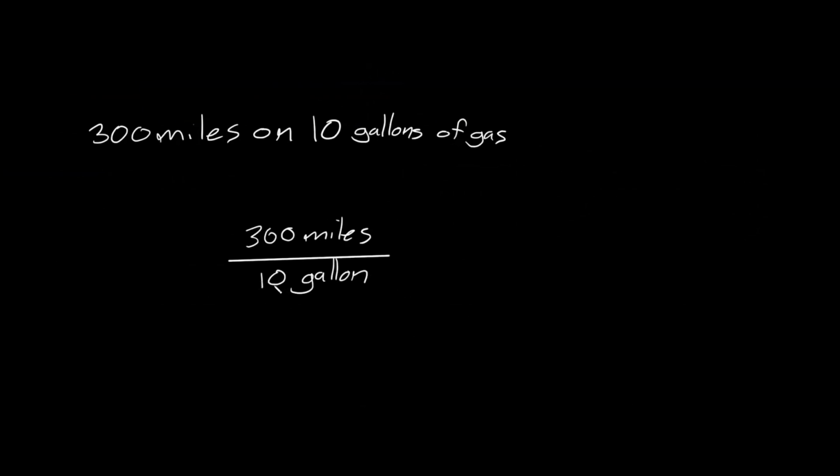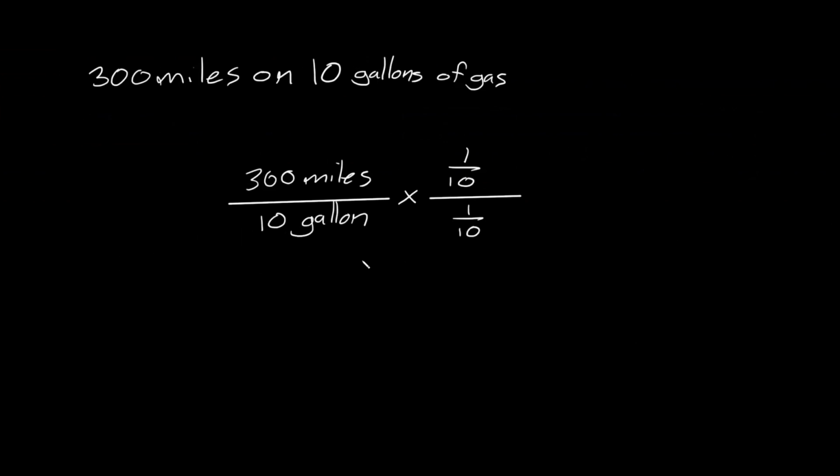So we need to divide both the numerator and denominator by 10, which would be the same thing as multiplying both the numerator and denominator by 1 over 10. And dividing 10 by 10 will just equal 1, so we can scroll down a little bit.